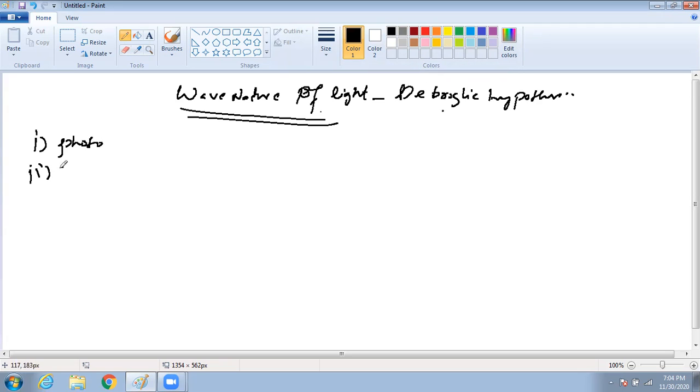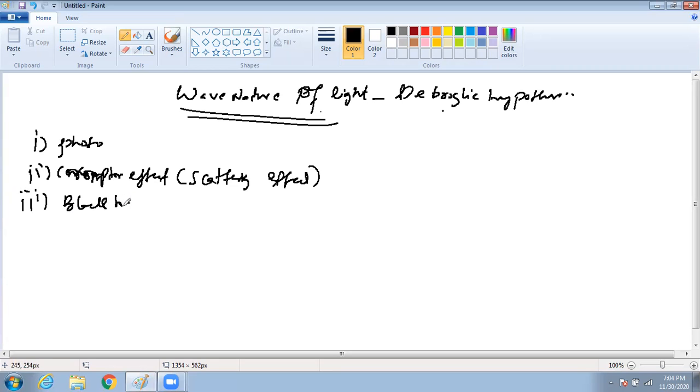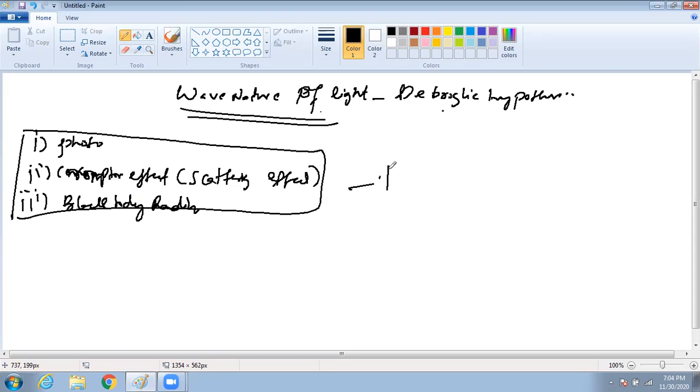There is one more called the Compton effect, the scattering effect. And the third experiment was black body radiation. So these experiments proved that light is a particle.